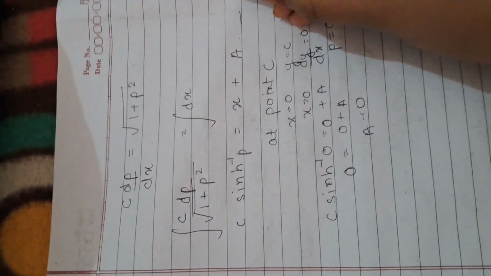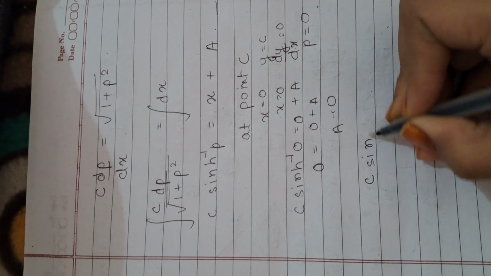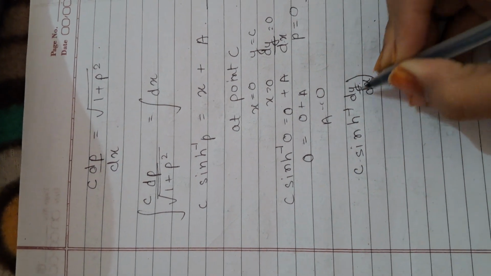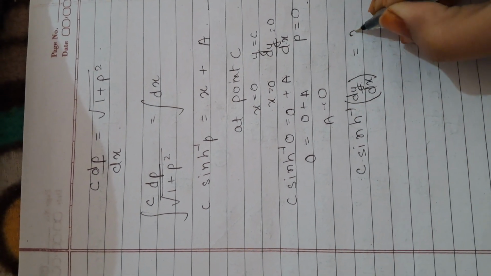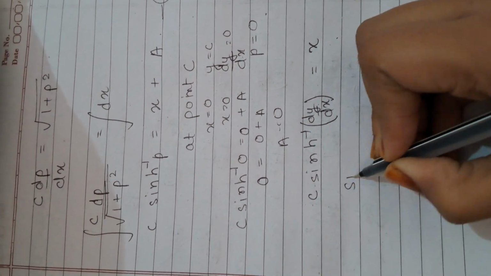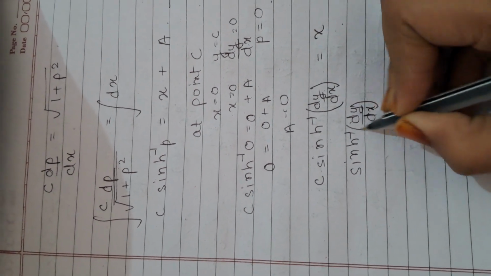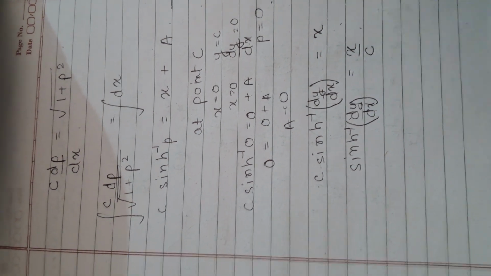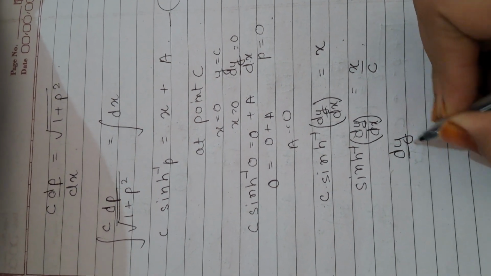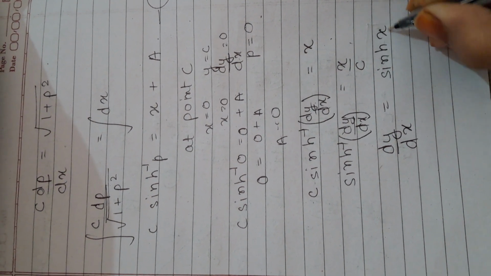Putting this value in the equation, sine hyperbolic inverse dy by dx equals x by c, and sending the sine hyperbolic that side, dy by dx equals sine hyperbolic x by c.